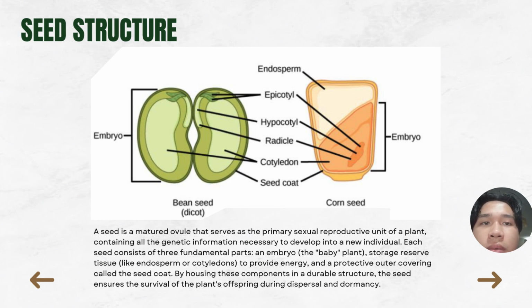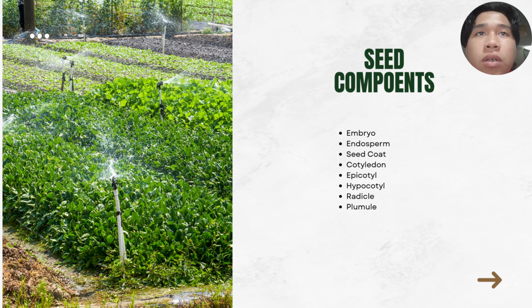dispersal and dormancy. Here are the seed components. Embryo: a miniature plant which will grow when conditions are favorable. In the endosperm, the built-in food supply for the plant. Seed coat: a hard outer covering that protects the seed from disease and insects. Another part of the seed is the cotyledon, a specialized seed leaf.